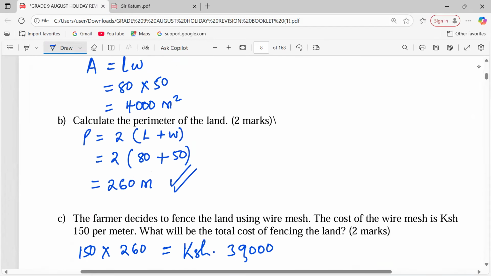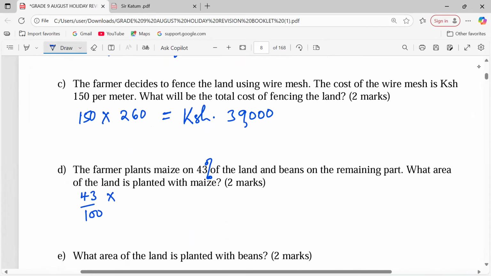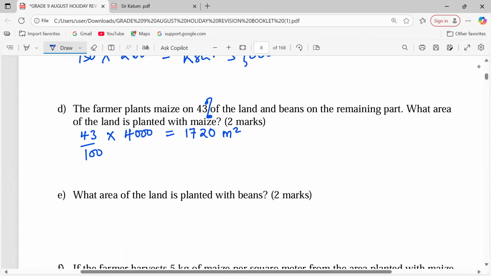We can just refer. Yeah, 4,000. So this is going to be 1720 meters squared. This is where maize shall be.